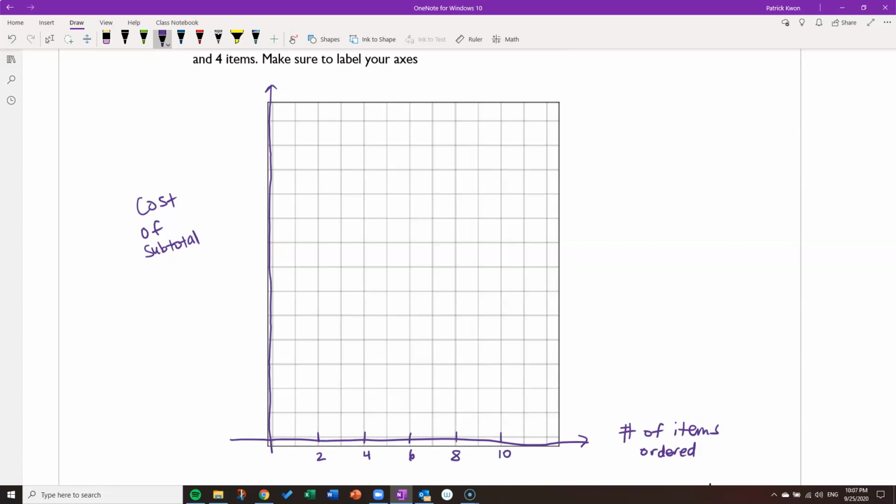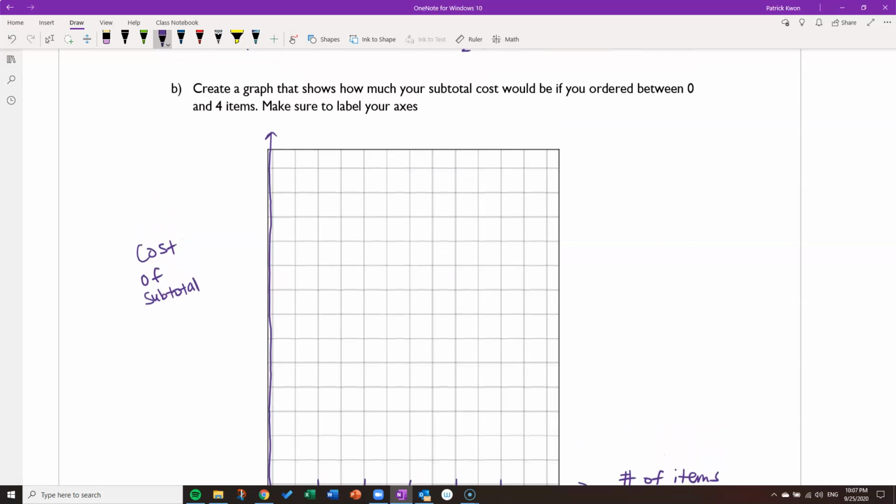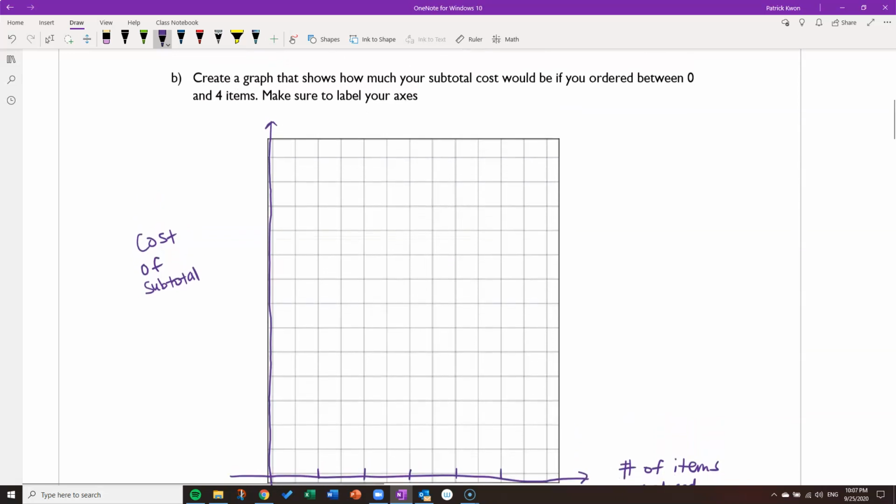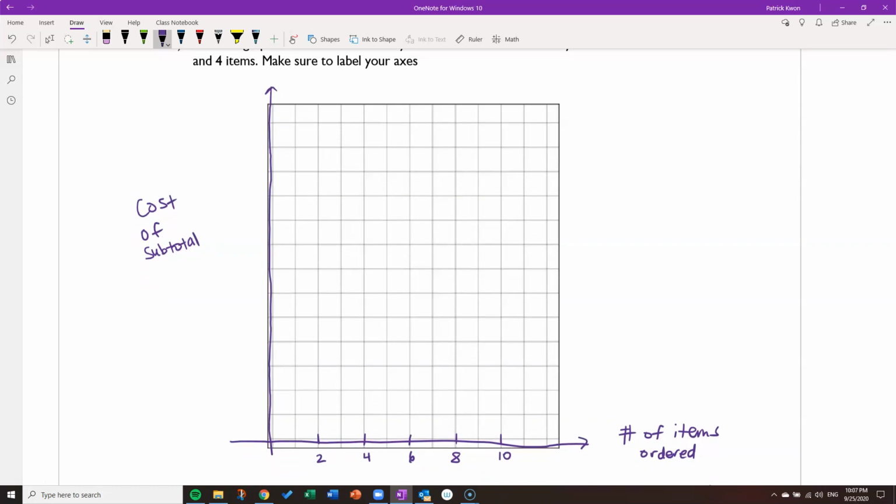But if we go back to the problem, it says just show the subtotal cost if you ordered between 0 and 4 items. So let's think about how we want to scale our tick marks for our vertical axis. If I ordered 8 items, then if I multiplied that by the $4 per item and then added the $5 seating fee to that, that would be 32 plus 5, and so that would be equal to 37.